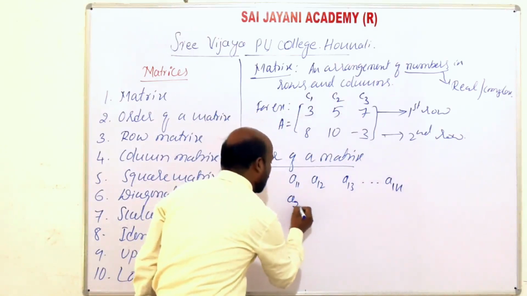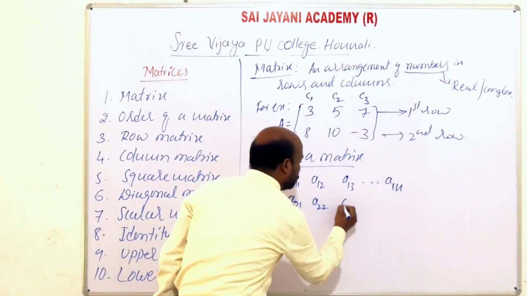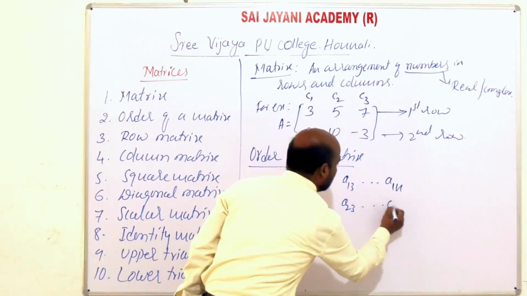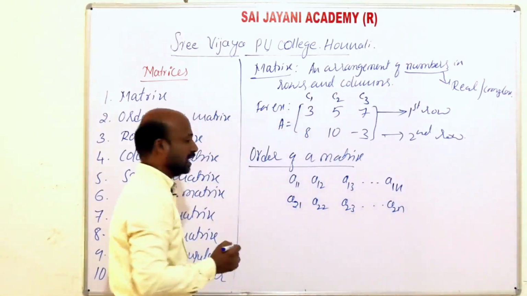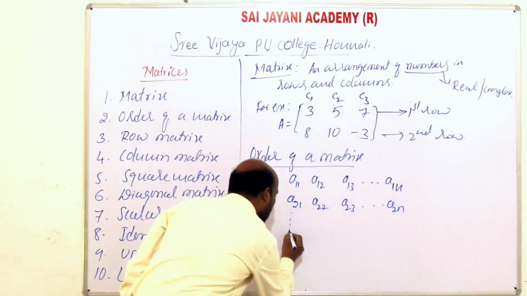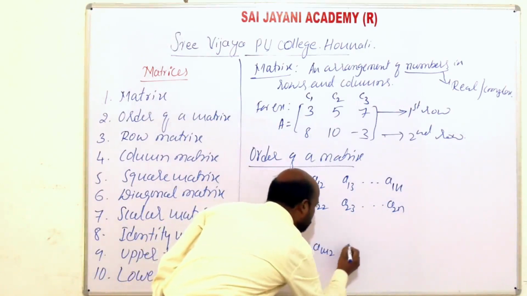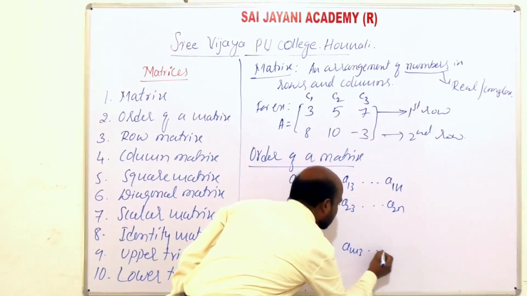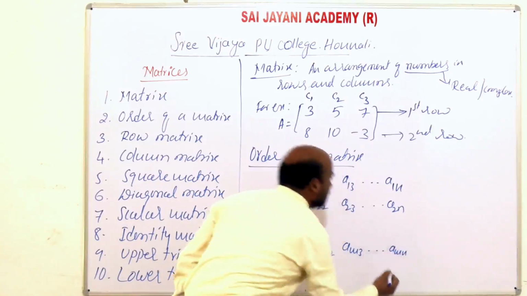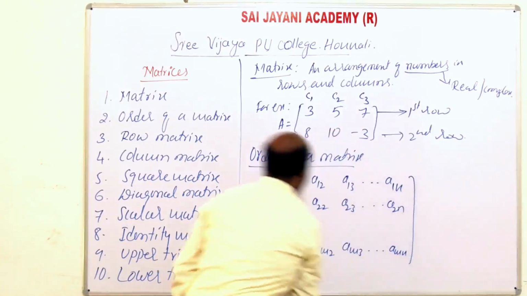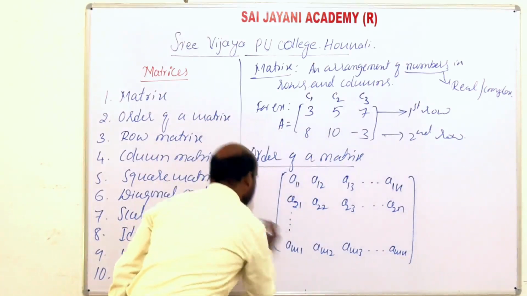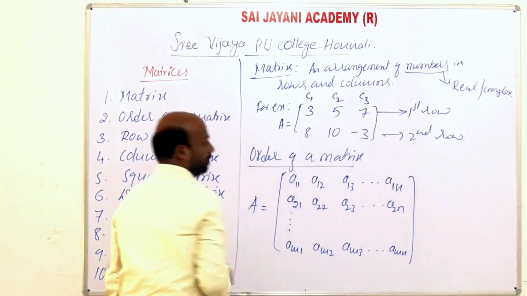And then a21, a22, a23, and this is a2n. So on, am1, am2, am3, and this is amn. Okay, this is the matrix A.